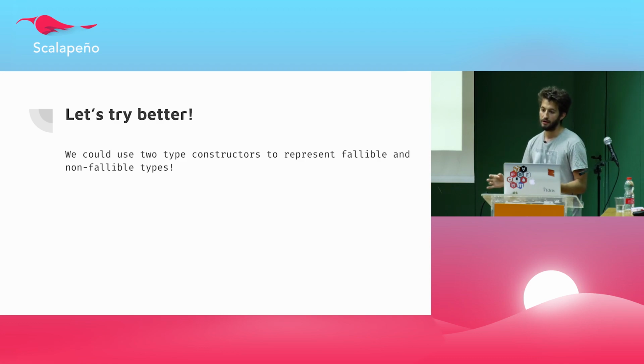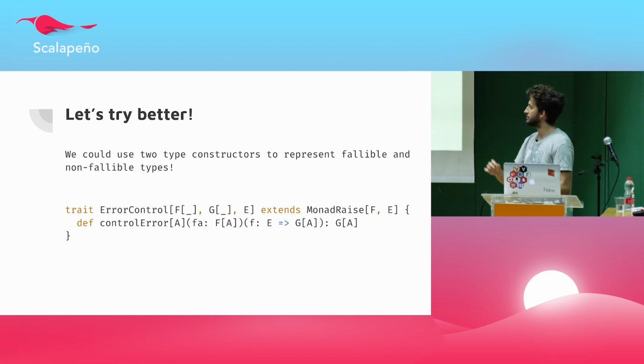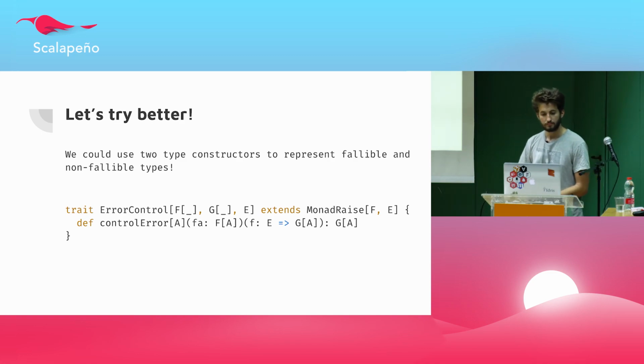That means that it can never actually have any errors. So we could try to come up with a type class that looks something like this. It's called ErrorControl, which is an arbitrary name, but I think it's pretty fitting because it allows us to have finer-grained control over errors.